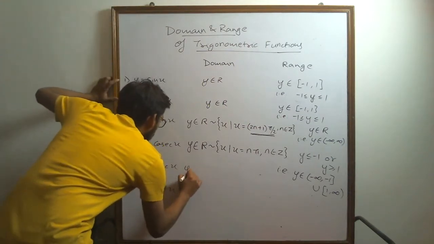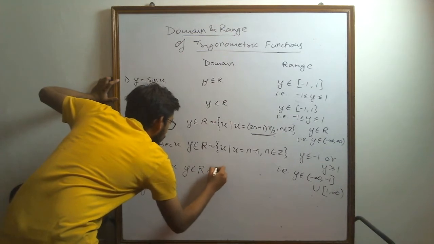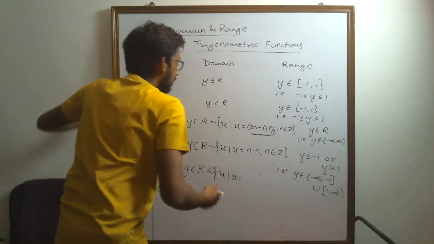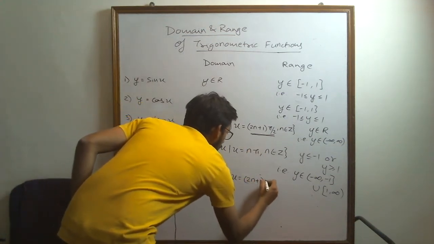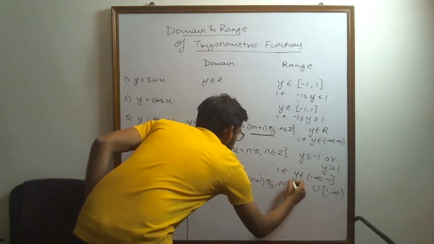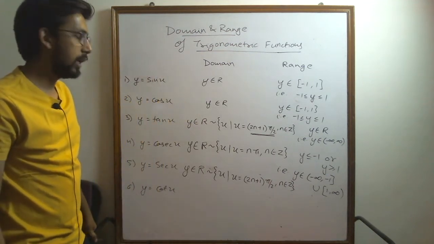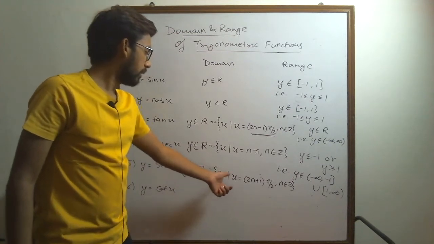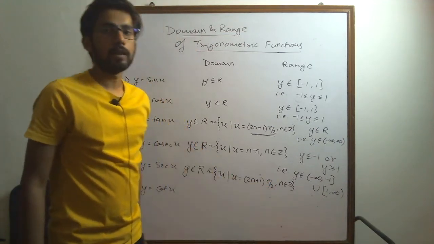So y belongs to the set of real numbers excluding those values for which cos x is 0, that is odd multiples of pi by 2, where n is an integer. This gives us the domain of sec x: the set of all real numbers excluding those where x is equal to 2n plus 1 pi by 2, where n is an integer.